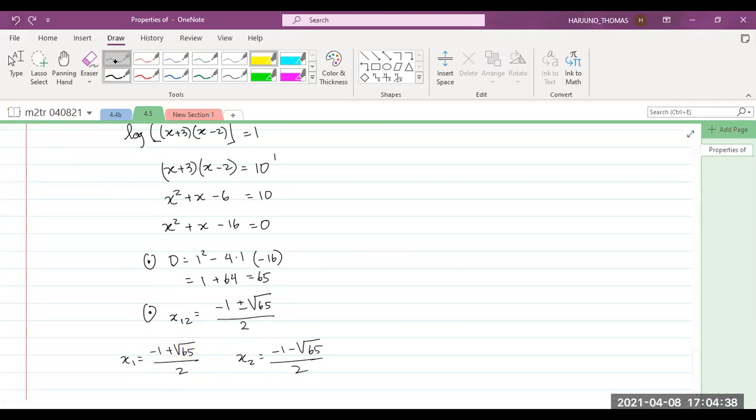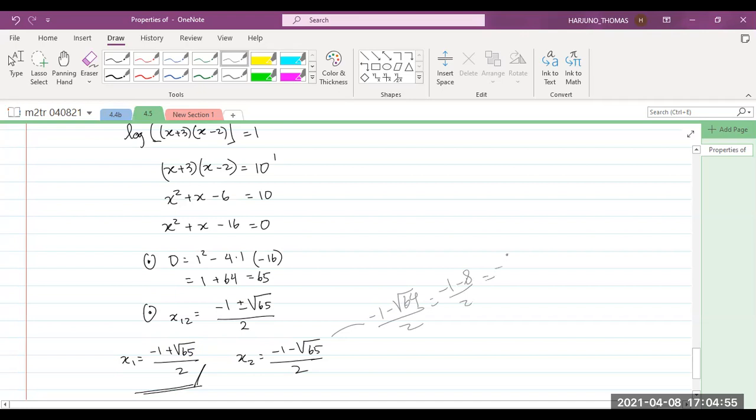How about the second option? Negative 1 minus square root of 65. That's approximately negative 1 minus square root of 64, which is 8, right? That's negative 9 over 2, approximately negative 4.5. I'm just doing an estimate.